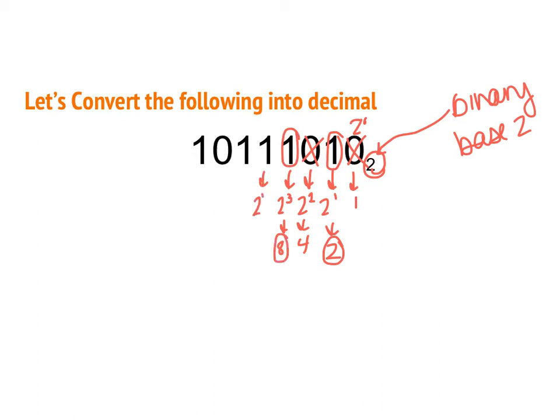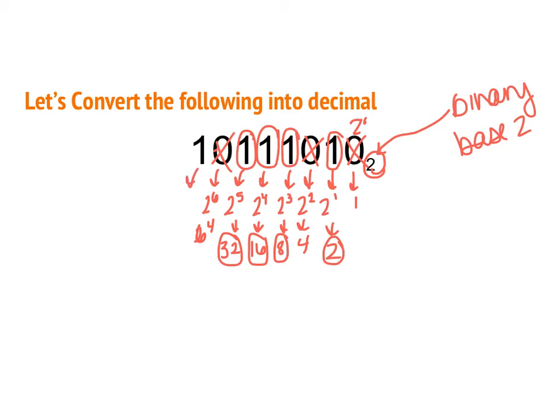Here I have 2 to the power of 4, which is 16, and because there is a 1 there, I need 16. I then need 2 to the power of 5, which is 32, because there is a 1 there, so I need to have at least 32 in my problem. Then this is 2 to the power of 6, which is 64, but I don't need that one because of the 0.